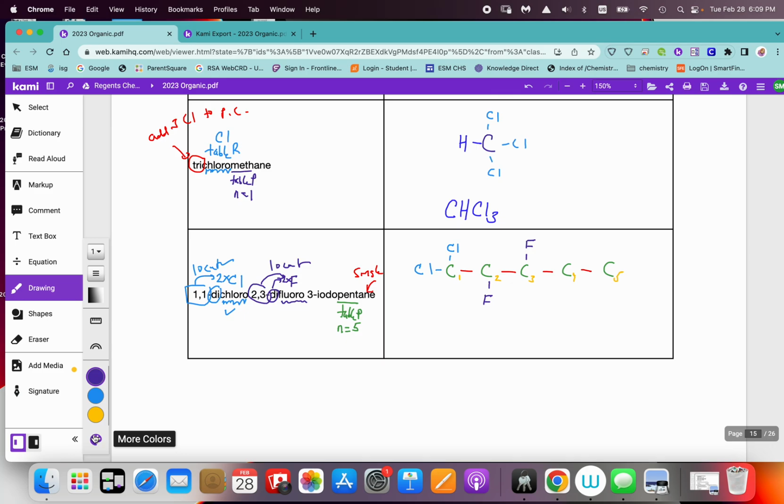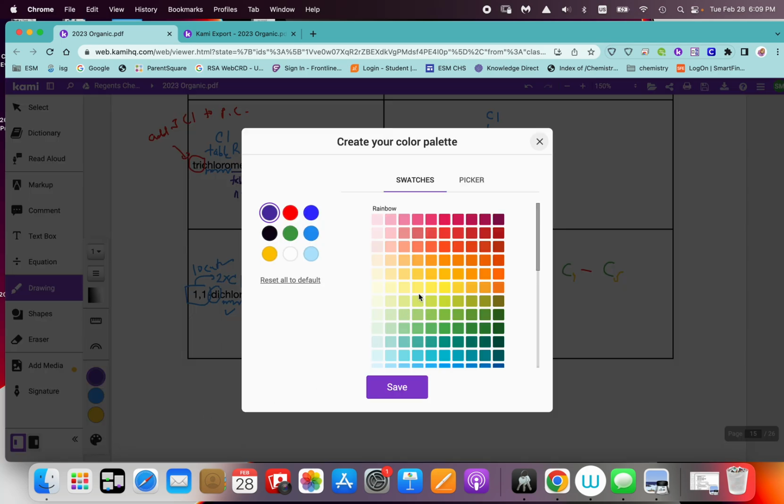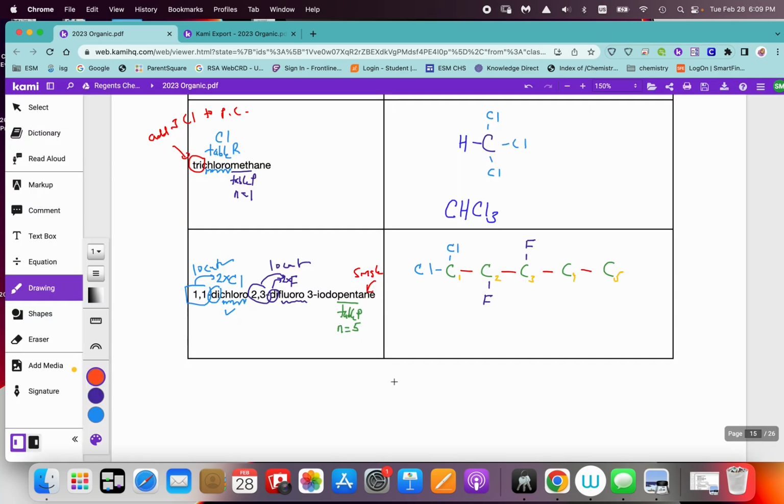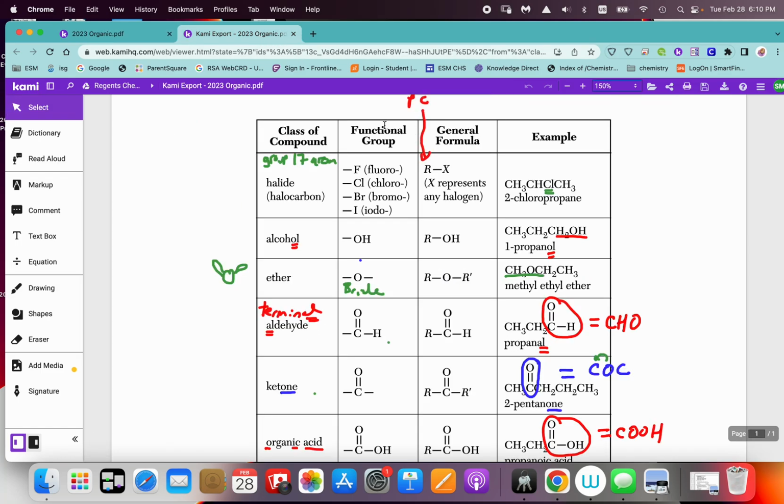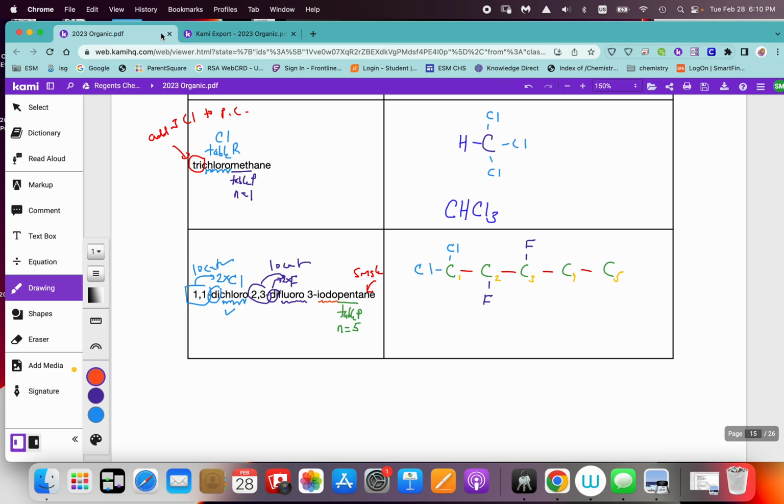I also see iodo. If you're not sure, go and find the term iodo. That means I need to add an I to the structure, and it tells me the location.